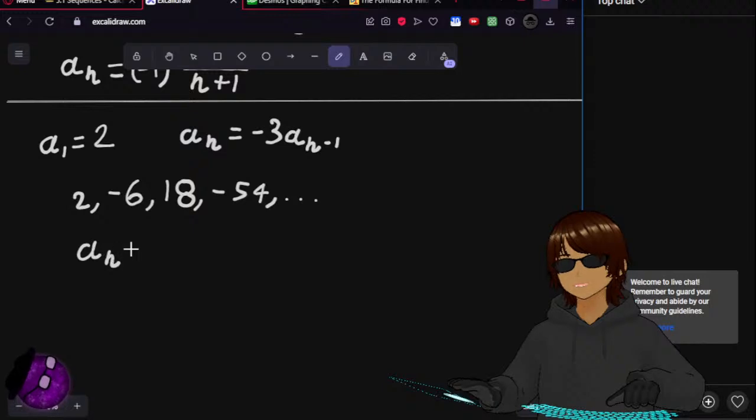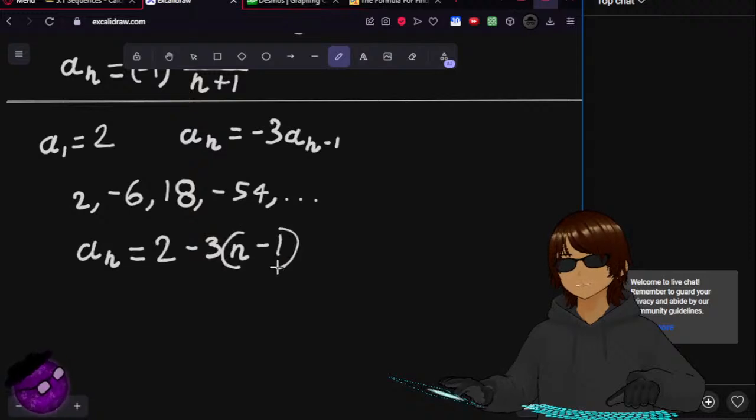So a of n defined by a formula. So it's starting with 2, minus 3 n. If n is 1, we get 2. If n is 2, we get 2 minus 3. No, wait.